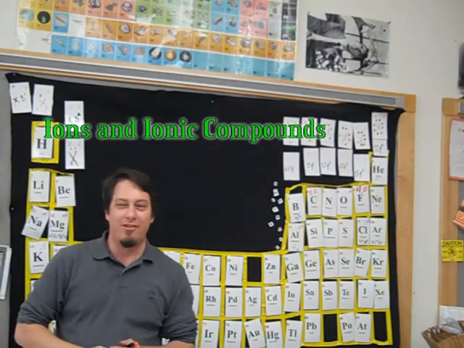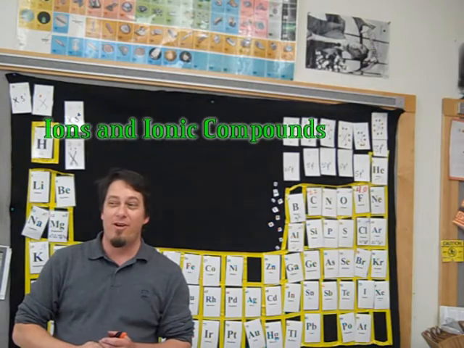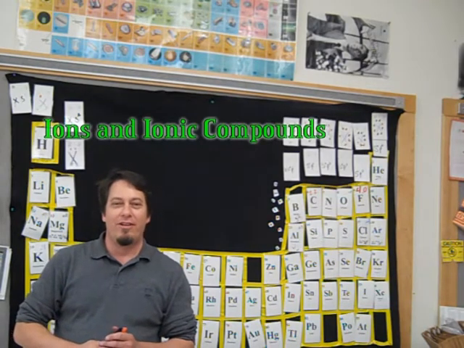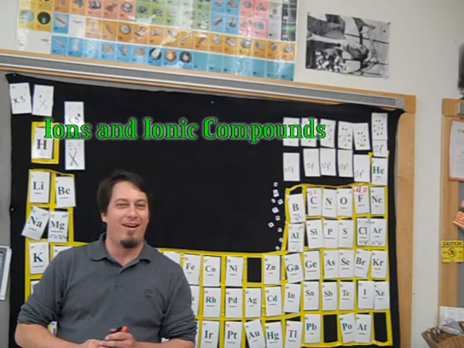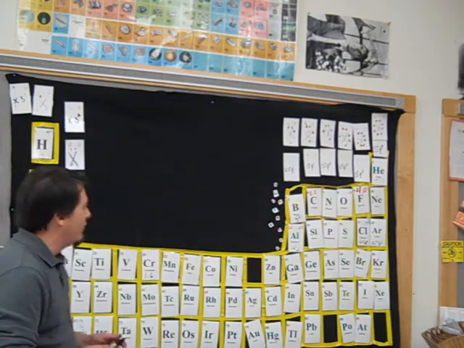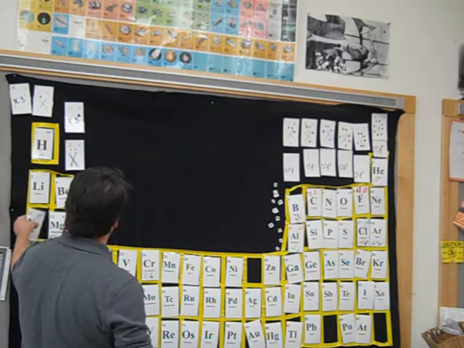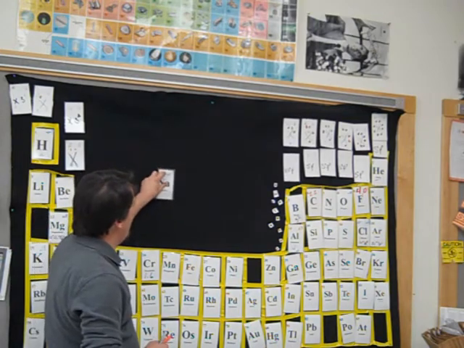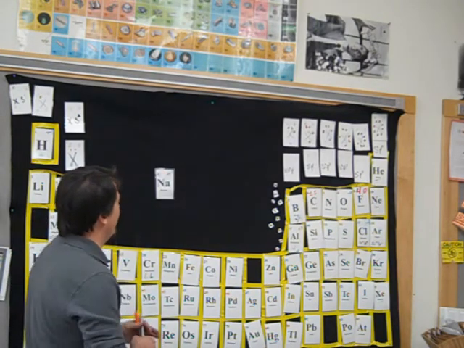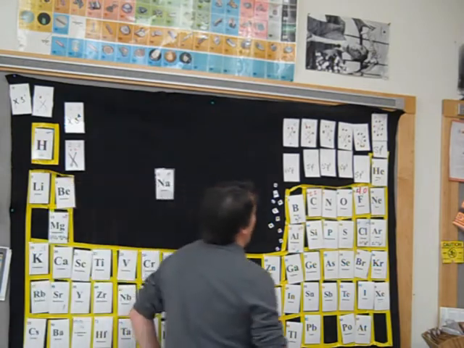I'll be your chemistry teacher today, and today we're going to continue our discussion of valence electrons, ions, and ionic bonding. Okay, so yesterday we were talking about how you have valence electrons, which is the proper term for the electrons in the outer shell of an element.